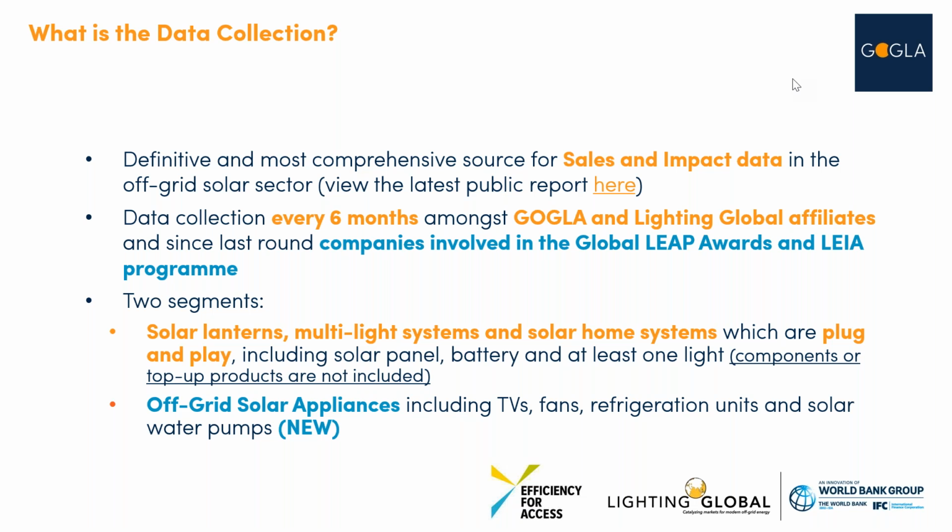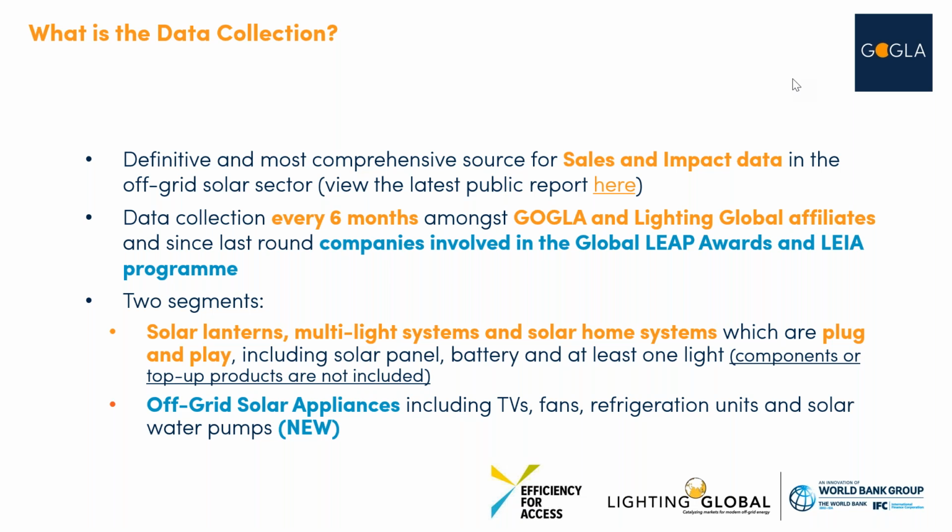The data collection exercise started quite a few years back. It started with capturing data on the lighting segment only, but has now expanded to capture sales information of selective appliances as well. It's led by GOGLA and supported by the Lighting Global program and Efficiency for Access Coalition.